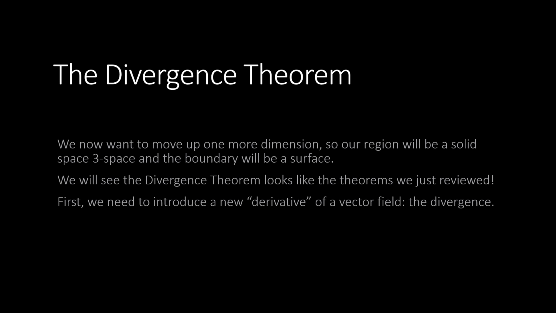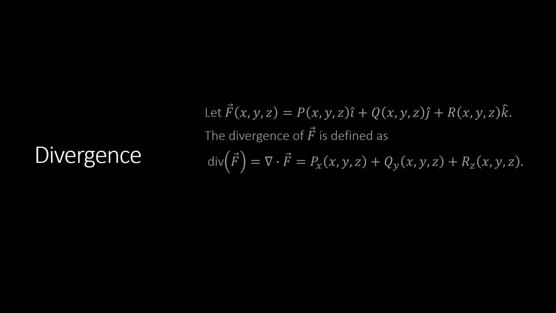In order to do the divergence theorem, we need to introduce a new type of derivative. We had the gradient, we had the curl. Now we're going to introduce what's called the divergence. Let's take our vector field F with components P, Q, and R. The divergence is much easier to calculate than the curl was. Remember how we thought of the curl as taking the cross product?